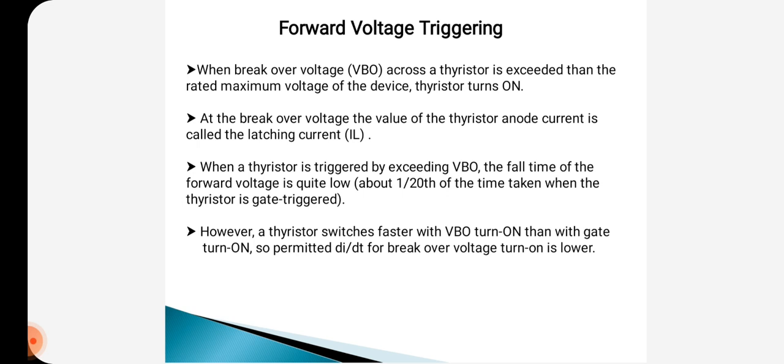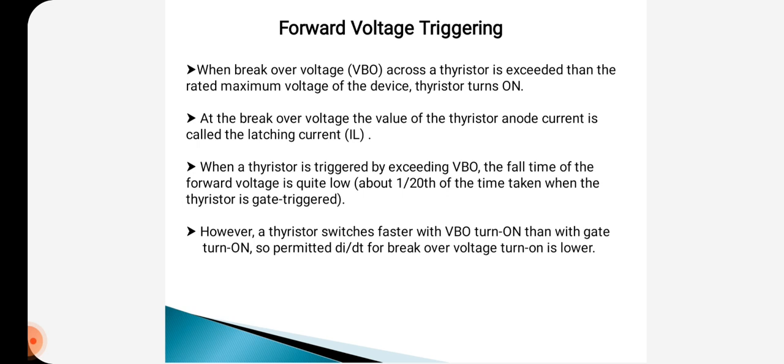When the breakover voltage VBO across a thyristor exceeds the rated maximum voltage of the device, the thyristor turns on. At the breakover voltage, the value of the thyristor anode current is called the latching current, that is IL.